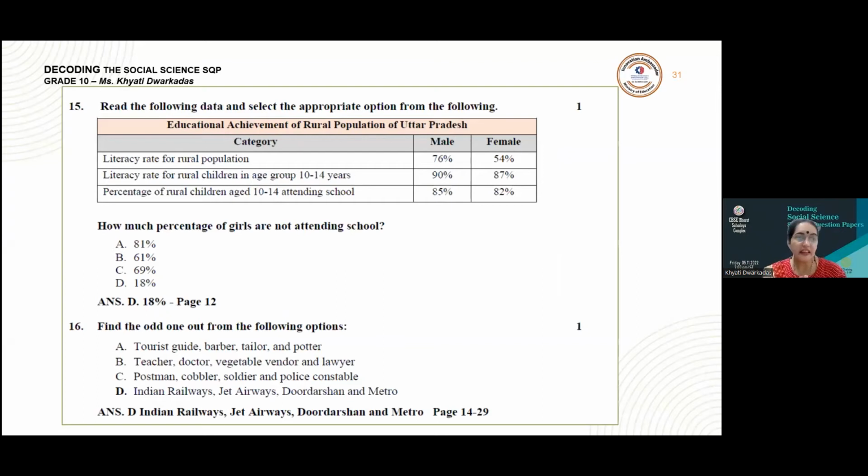Look at question 15. Read the following data and select appropriate options from the following. How much percentage of girls are not attending school? So here you have to actually sit and calculate.